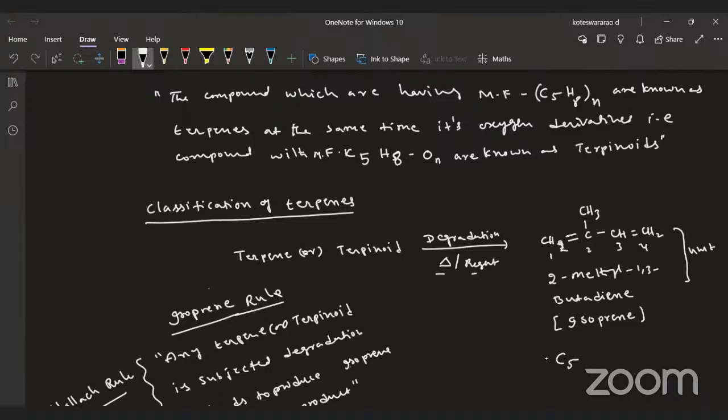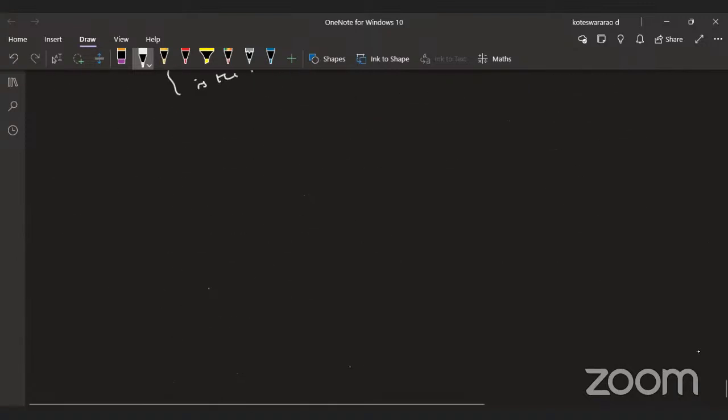How many hydrogens? 2 plus 3, 2 plus 4, 6 plus 2, 8 hydrogens. Based on the number of isoprene units present in the terpene or terpenoid molecule, we classify the terpenoids or terpenes.